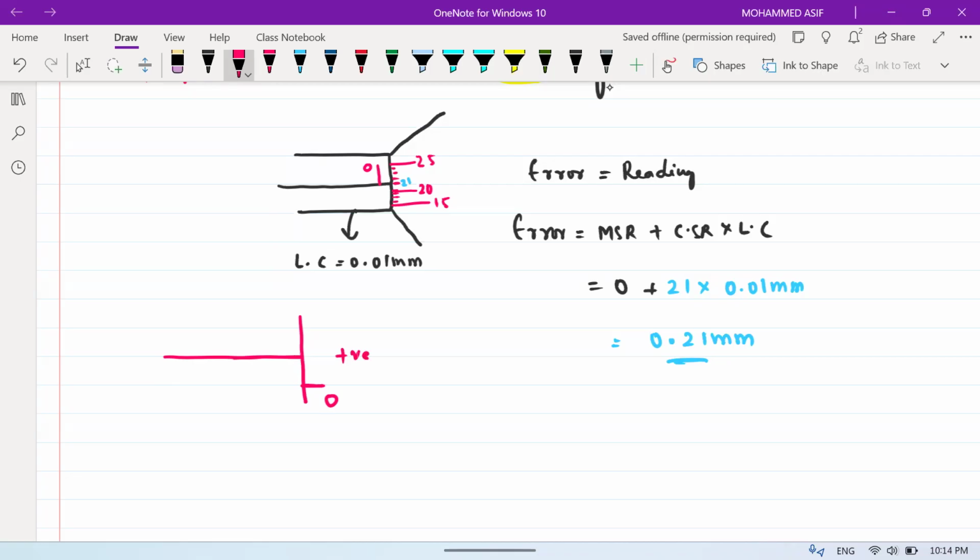This is your main scale, beta, and this one is your circular scale. If 0 of the circular scale is below the main scale, then such type of error will be positive error. Am I clear?